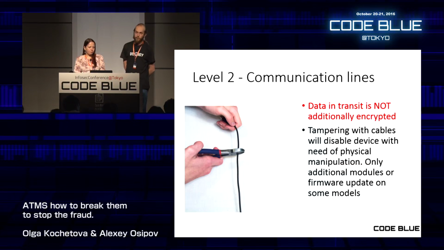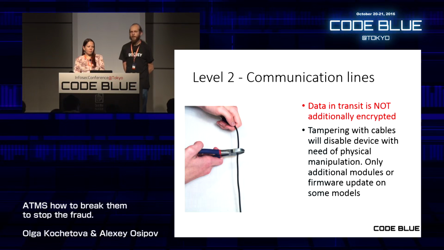We have a problem. This data can be intercepted. The devices can be controlled by other devices, not only by legitimate ones. Tampering with cables exists, but it exists only with third-party devices that can be provided by the vendor of the ATM machine or by different third-party vendors that say, okay, you have a problem with the so-called black box attack, when an attacker gets to the ATM machine with their own devices, and we can solve this issue.